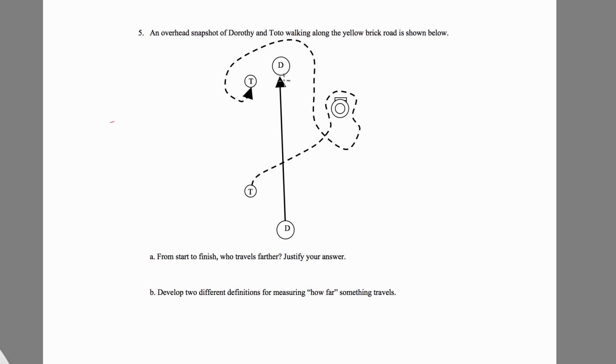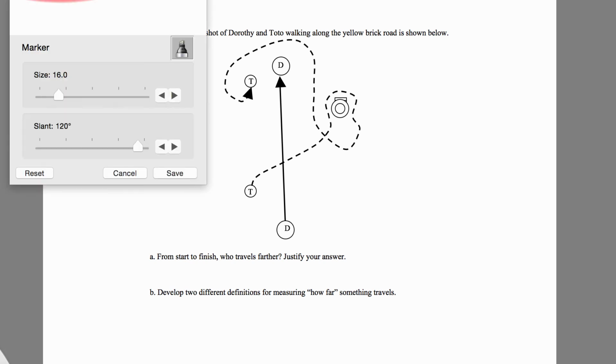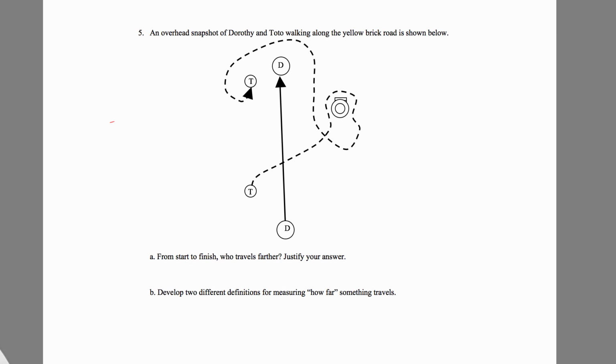Dorothy's walking in a straight line, I assume, and let's include this because that kind of thing is important to include. A yellow brick road. So I'm going to use this brush to make a yellow brick road down which Dorothy is moving.